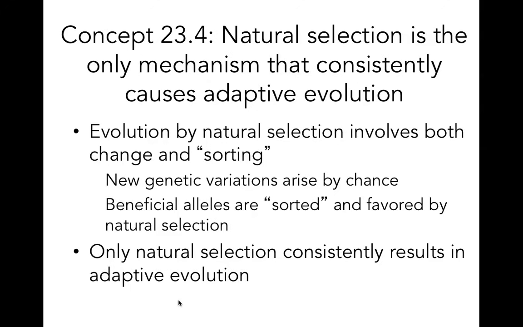But of these, the one that most consistently causes adaptive evolution is natural selection. So mutations can lead to new alleles, but natural selection is a selection process. It's a way of amplifying useful alleles and eliminating deleterious or harmful alleles.